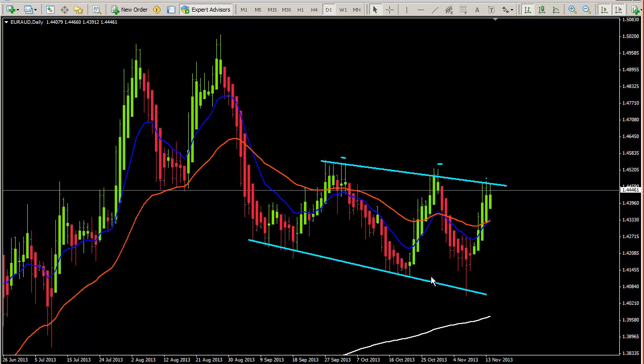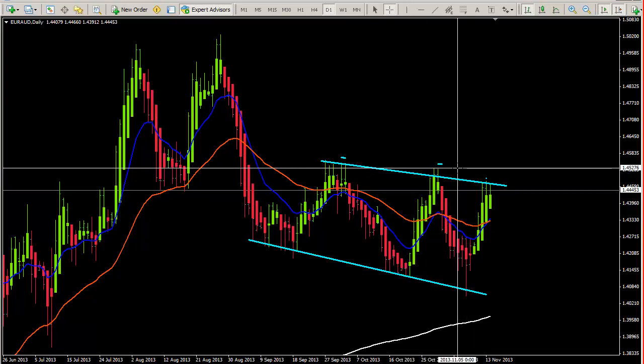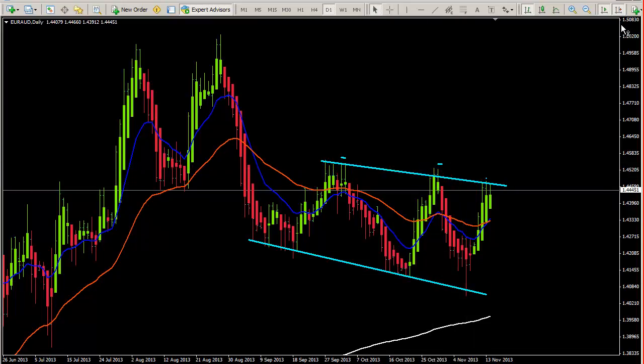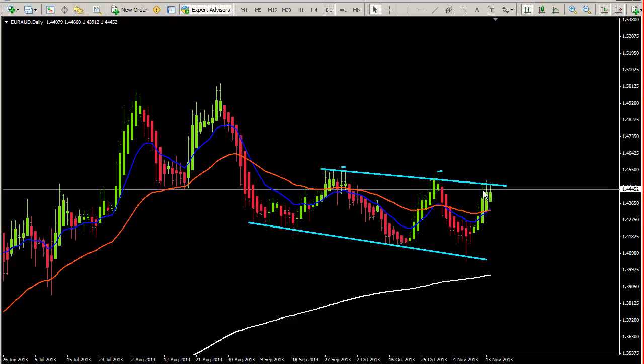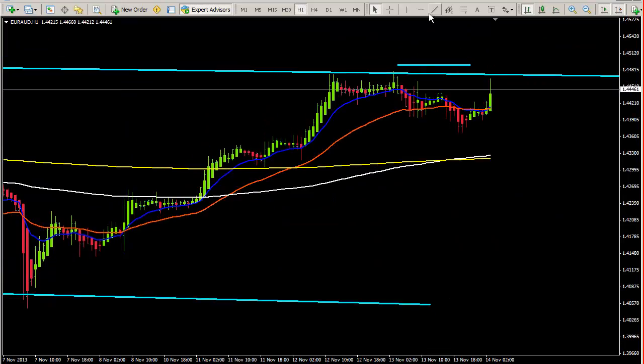We have a channel, but we also have a lot of support in this area. We have also resistance up here. The only thing actually you can do is a bounce trade. If it's confirmed ideally on the 1-hourly chart, that would be ideally what we would like to see. So trend line break, a 1, 2, 3, and a nice 2 to 3 line break.